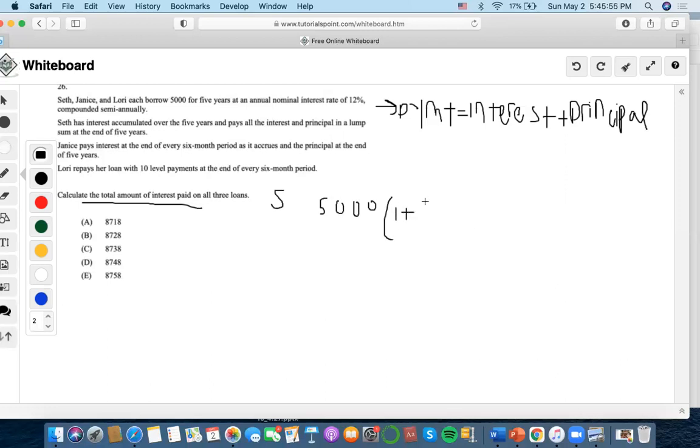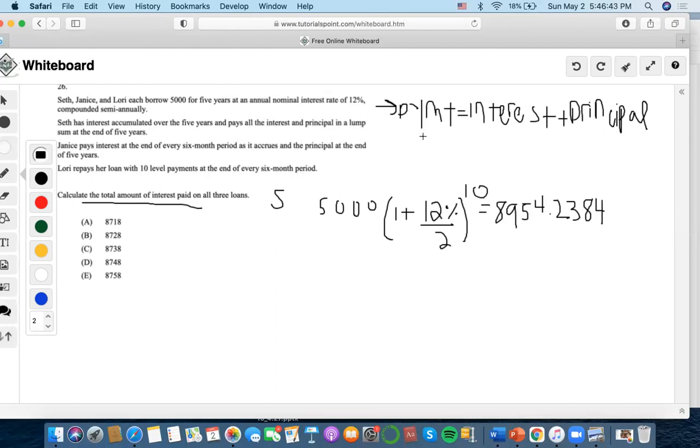So we're going to have to find the amount of interest that needs to be paid out based on this nominal interest rate. So it's compounded semi-annually for 5 years, so 10 different periods, right? So if we were to solve this, this is 1.06 to the 10th, and this would be 8954.2384, right? So this is based on the amount of interest that has accumulated.